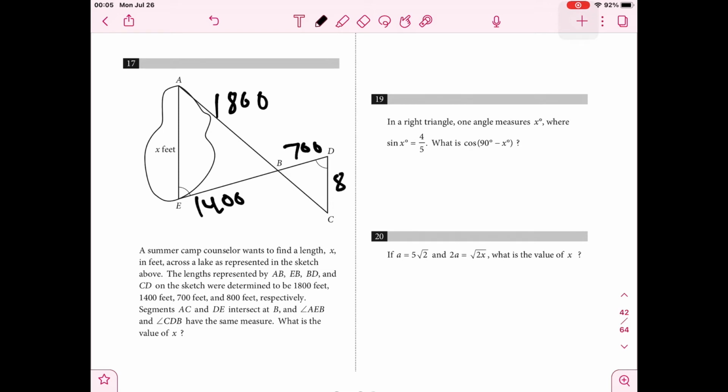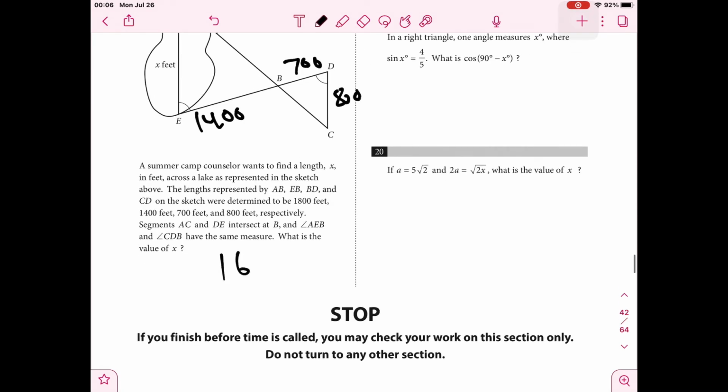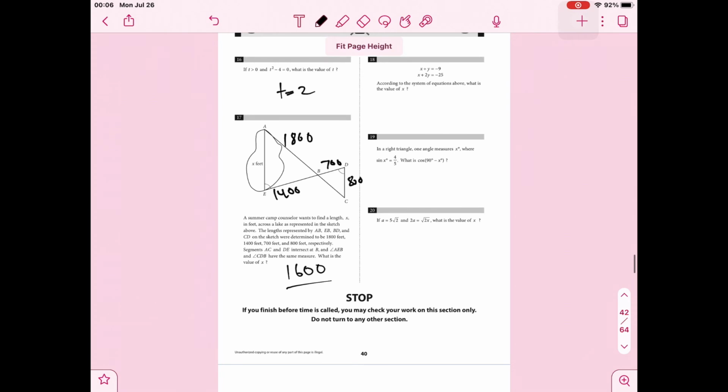No, CD is 800. Okay. So those two have corresponding angles. So that means, just pivot it. So the 800 goes with this x feet. 700 goes with the 1400. So I'm just going to double and I'm going to assume 1600 here. All right.